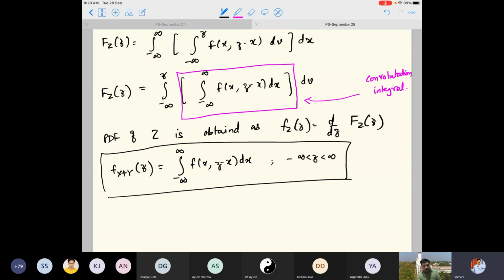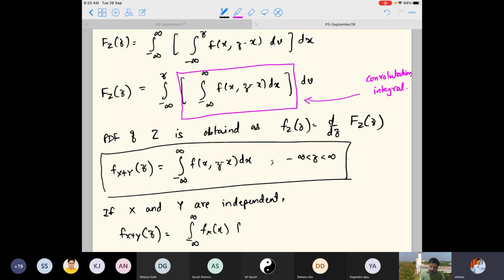This is something that is very interesting. The result that you saw was that if X and Y are independent, then you can write down the joint as the product of marginals, and then you will have f of X plus Y at z is equal to the integral from minus infinity to infinity of f_X(x) and f_Y(z minus x) dx, for minus infinity less than x less than infinity.